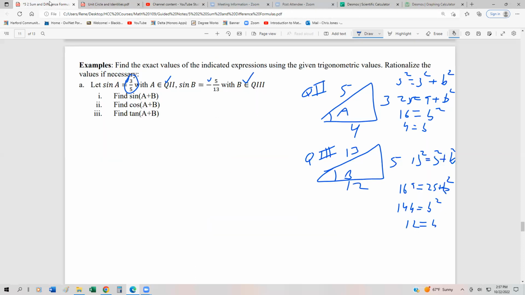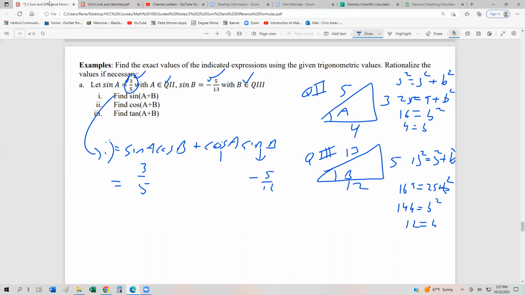So this is going to be the sine of A, the cos of B, plus the cos of A, and then the sine of B. Now, we certainly know what sine of A and sine of B are. Sine of A is 3/5, and sine of B is negative 5/13.